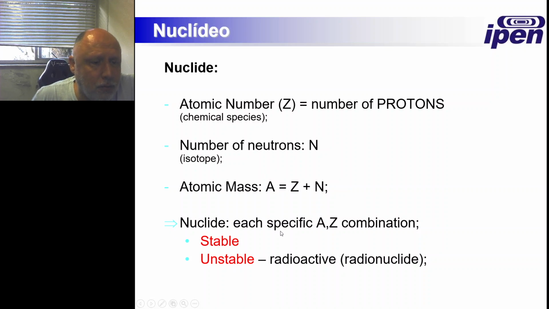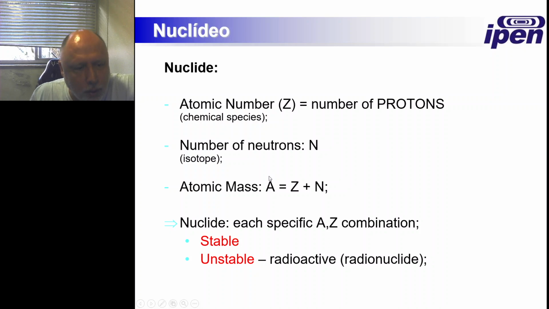And a nuclide is essentially each specific combination of A and Z. In that case, 6 protons, 6 neutrons, giving a mass of 12. 6 protons means carbon, and as I said, the number of protons defines the chemical species. So 6 protons means carbon, and the mass number in this case, 6 plus 6, is 12, so we have carbon 12, right? Oxygen 16, you have 8 protons, 8 neutrons, mass is 8 plus 8, 16.